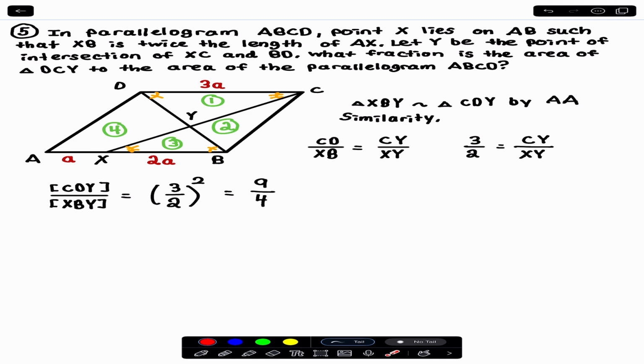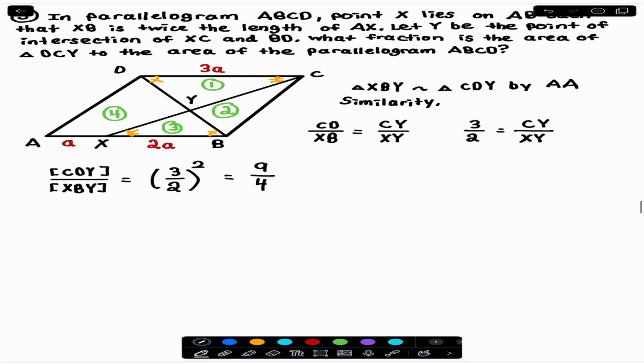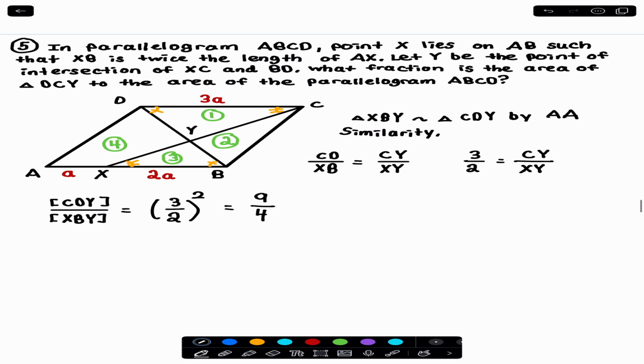And then remember, because it's areas, it would be equal to the square. I'm not going to go over that in too much detail because in my similar triangles video that I'm going to be making at some point, I'll go over this whole relationship. If this doesn't make sense to you, don't worry. I would recommend checking that video out, but I'll go over it and the proofs and applications, all that good stuff. Anyways, let's keep continuing.